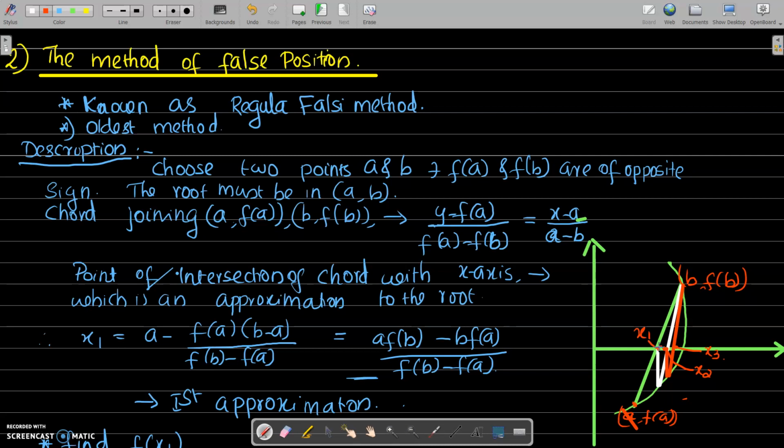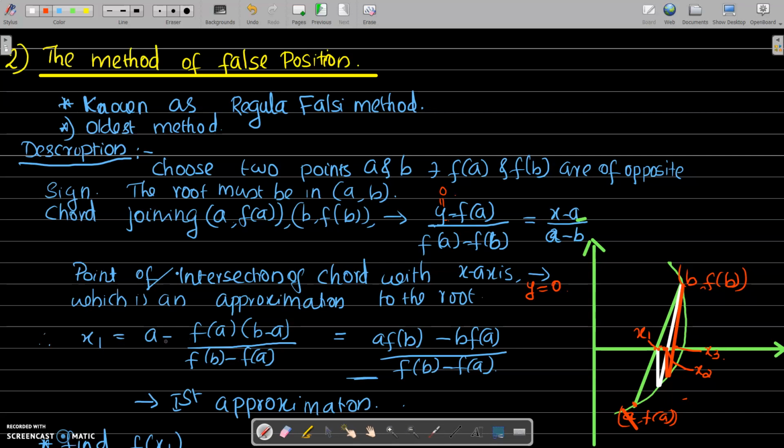ഇവിടെ point evaluate ചെയ്യണമെങ്കിൽ ഇവിടെ ഏതാണ് x, y equal to 0 ആണ്. ഇവിടെ y equal to 0 substitute ചെയ്യുക. Substitute ചെയ്ത് കഴിഞ്ഞാൽ we will get that. എന്ത് കിട്ടും? അതിനെ x1 എന്ന് substitute ചെയ്യുക.